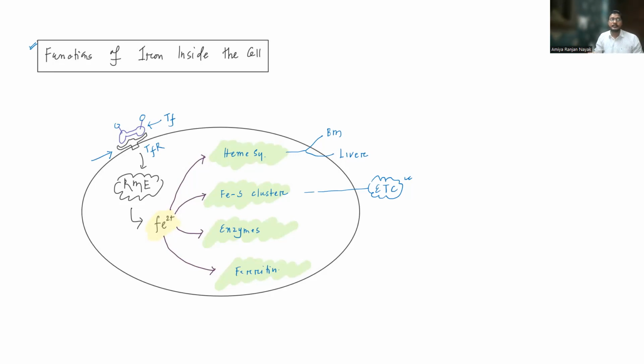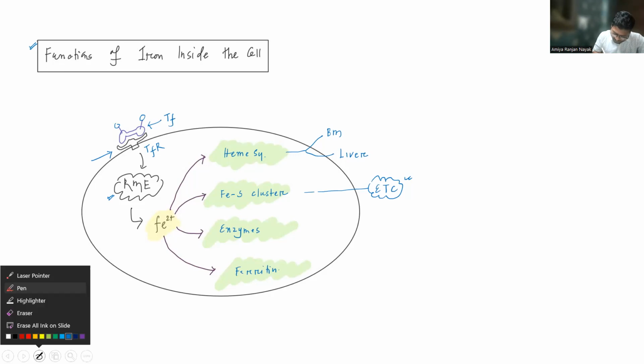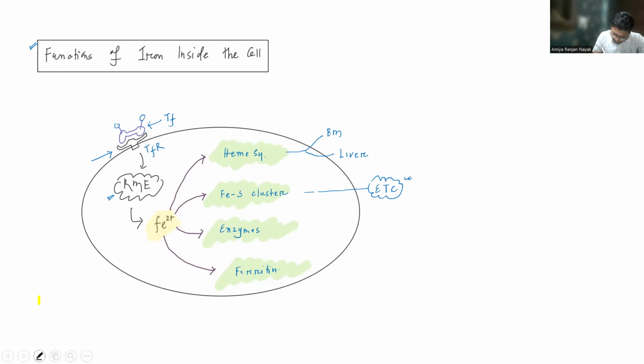Once the transferrin-bound iron is identified by the transferrin receptor, it can be taken up into the cells through a process known as receptor mediated endocytosis. We'll discuss it in detail in the next slide. But right now, remember that iron bound to transferrin can be taken up into the cells through receptor mediated endocytosis.